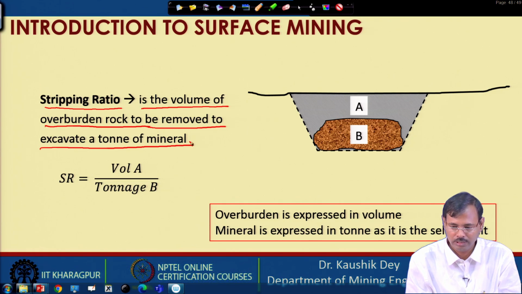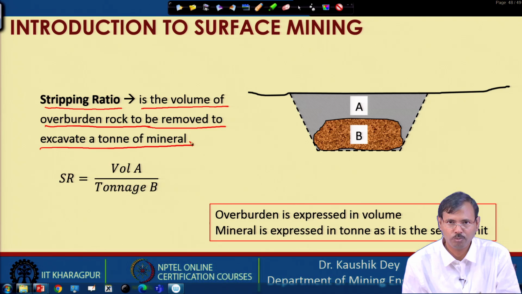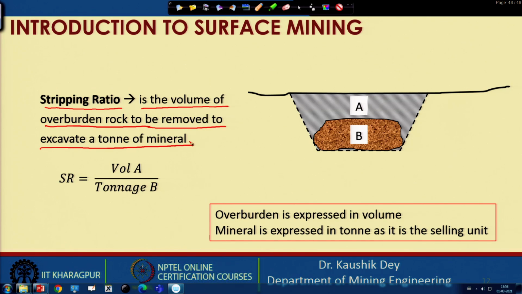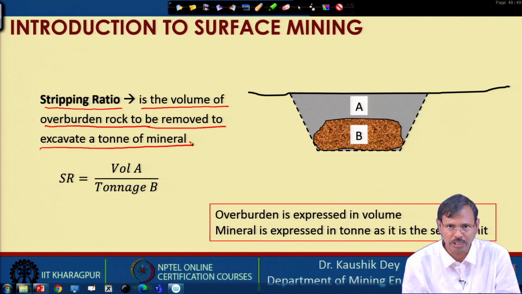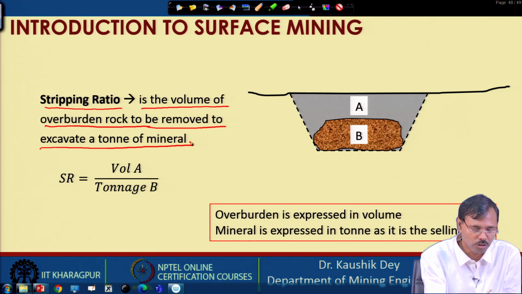That means whenever we carry out underground mining, we need not remove overburden, but in surface mining we have to remove overburden. While comparing these two, we have to understand for taking out 1 ton of ore, how much waste rock or overburden is required to be excavated and taken out for getting that 1 ton of ore. So, this ratio is called stripping ratio.